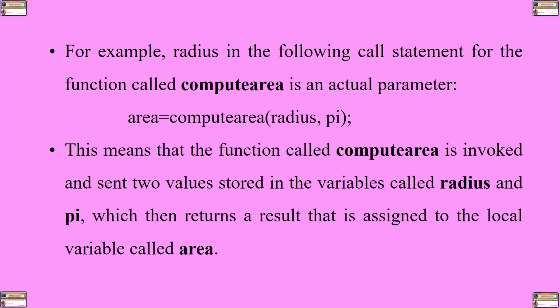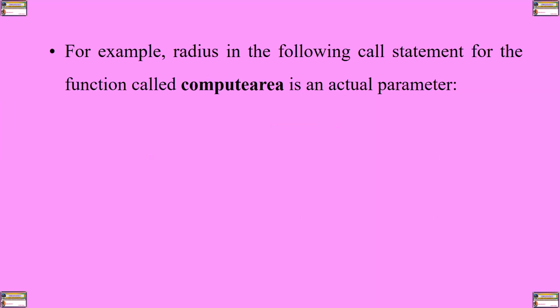This means that the function called compute area is invoked and then sent two values which are stored in the variables called radius and pi, which then returns a result that is assigned to the local variable called area. In other words, my dear students and the rest of the learners, this statement is simply telling the processor to invoke the function, to take the control to the function called compute area and carry with it two values in the following order.